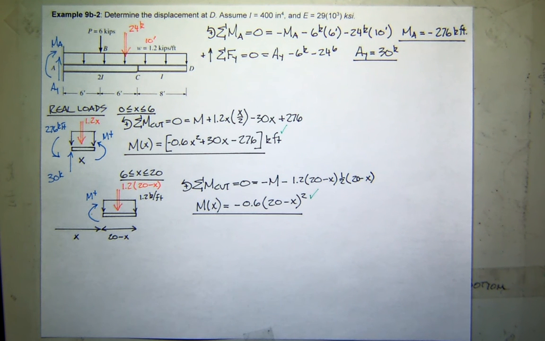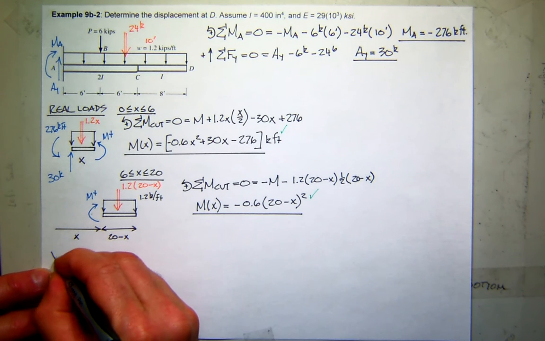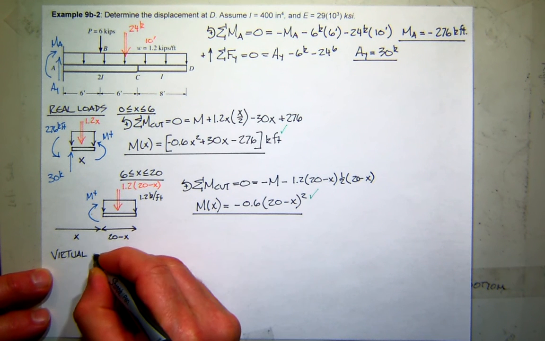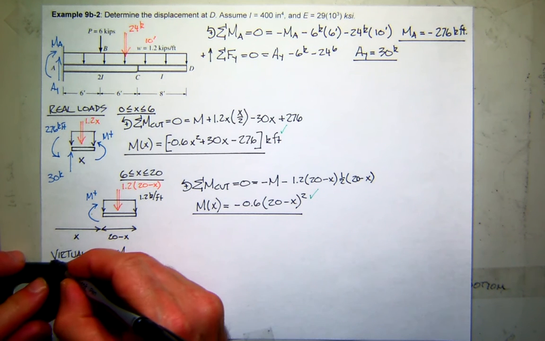So what do I do next? Got my real moments. Now I need my virtual moment. So see if I can squeeze this down here at the bottom. So let's do my virtual system. What does my virtual system look like?